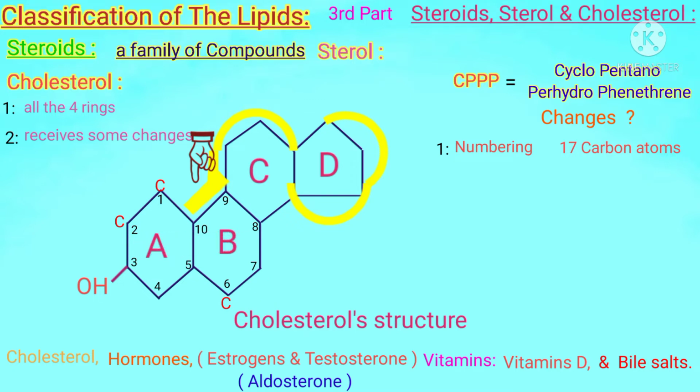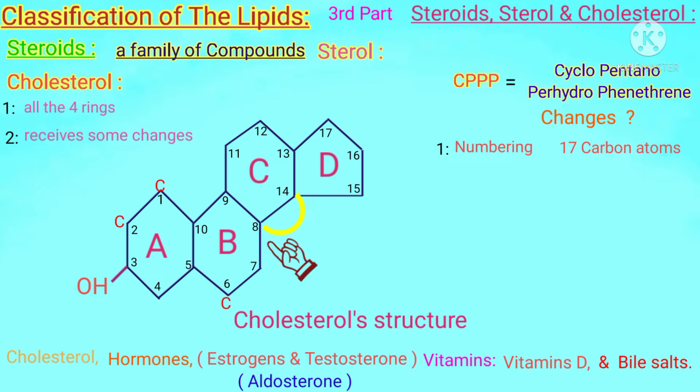Now we will assign the next carbon numbers in this fashion. After 10, here is carbon number 11, here 12, 13, 14, here 15, here 16 and finally here will be the 17th carbon. Students, we will not turn here because this corner already has carbon number 8.